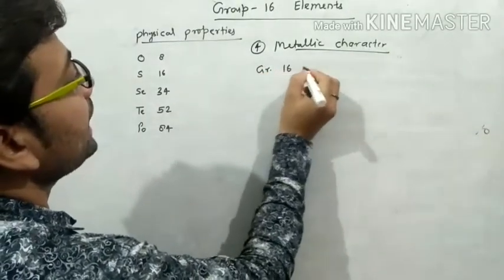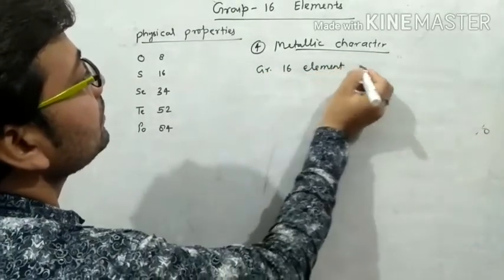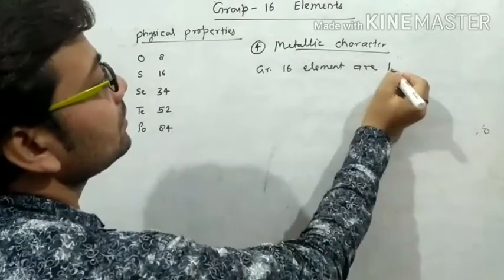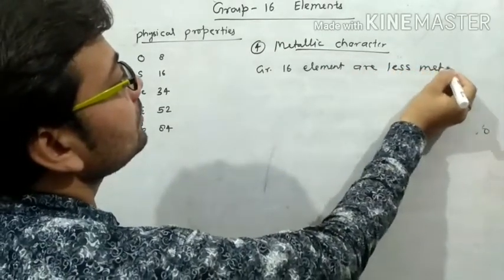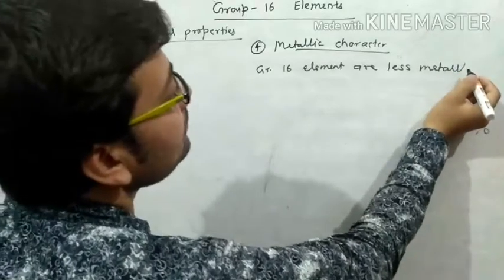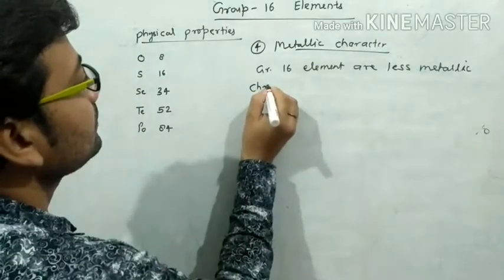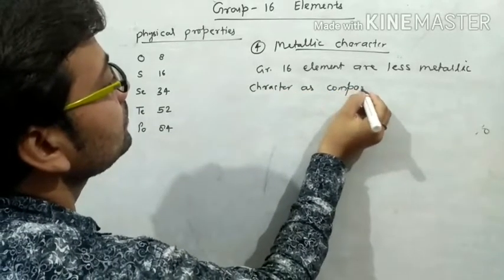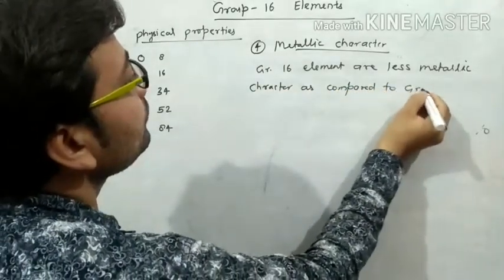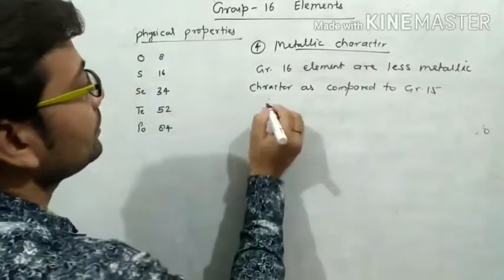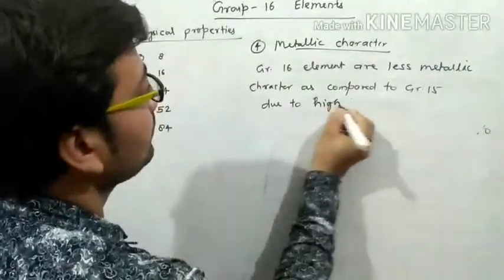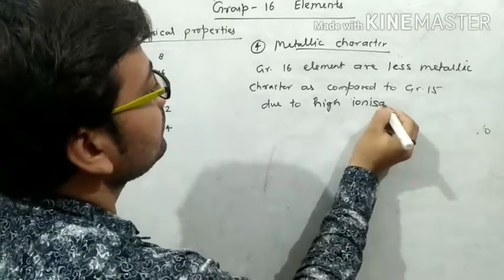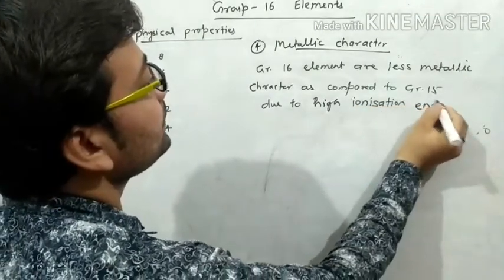Group 16 elements have less metallic character as compared to group 15 due to high ionization enthalpy.